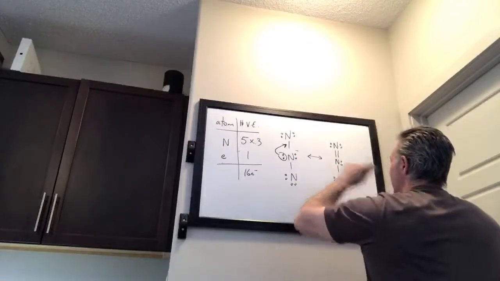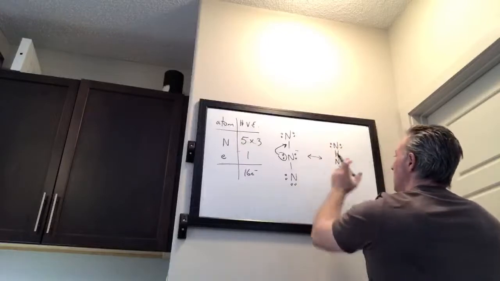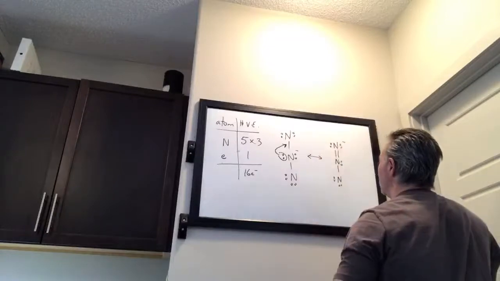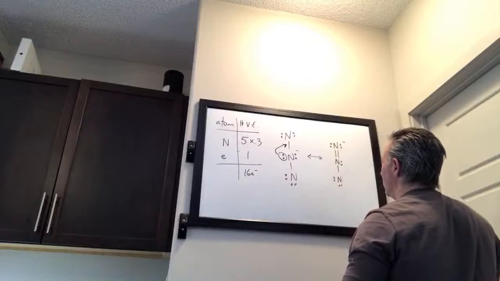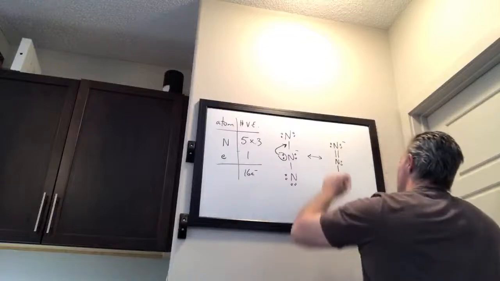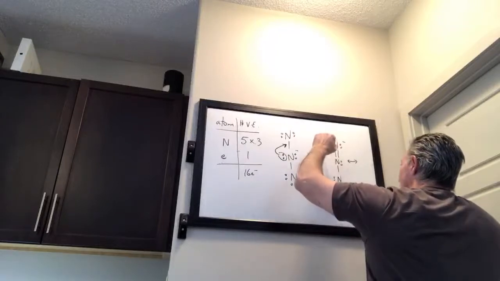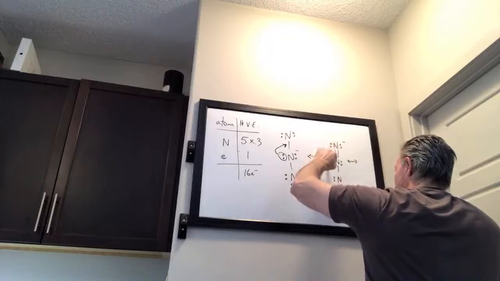Let's see what that looks like. 2, 4, 6, 8, 10, 12, 14, 16. That uses up 16 electrons. That formal charge would be gone, but now it would be over here. And of course, it would alternate to the other side potentially. So you could have this flipping over to this side.